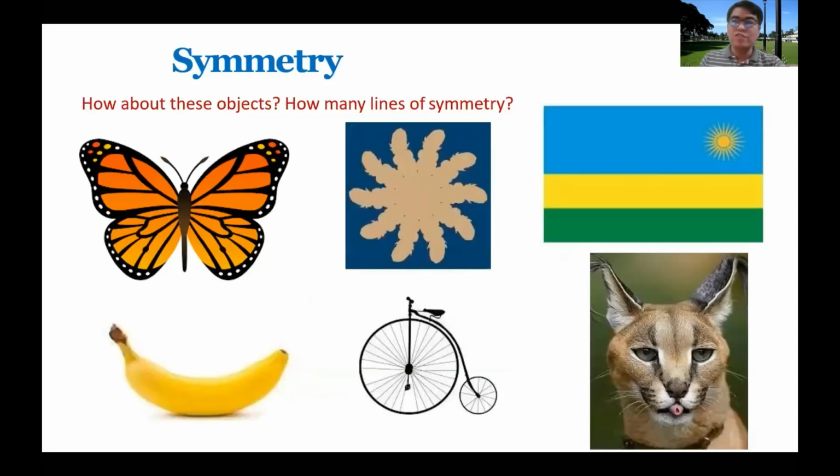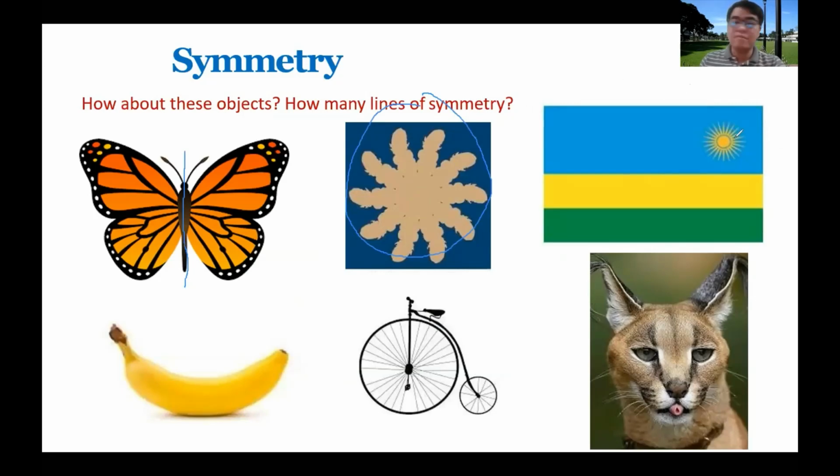When it comes to nature, we see these objects also have lines of symmetry. The butterfly figure has one line of symmetry. We could divide it here. This one has at least 1, 2, 3, 4, 5, 6, 7, 8, 9, 10 possible lines of symmetry.